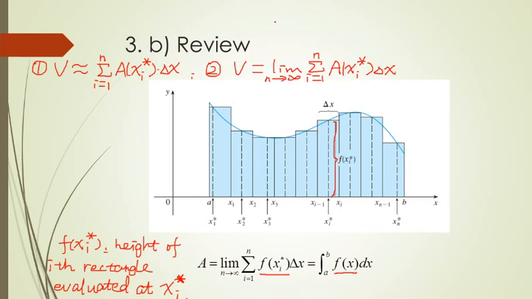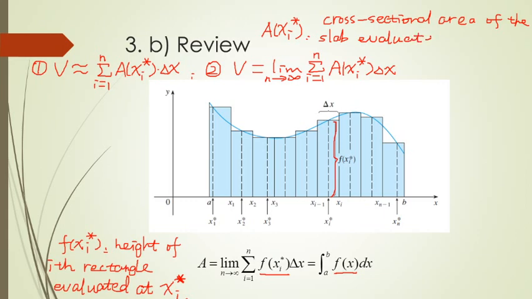Now here, what is my A(xi star)? So here A(xi star) will be the cross-section area, that is my function A(x). It's a function, so it is the cross-sectional area of the ith slab evaluated at the sample point xi star. So it's much clearer.